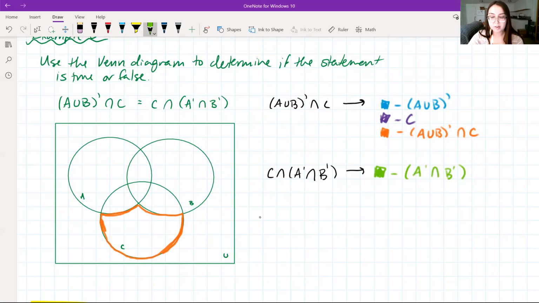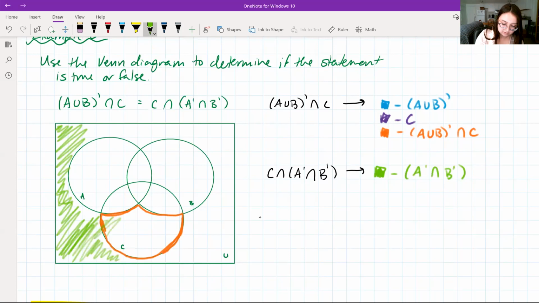So what we're looking for are the areas not in A and not in B. So when we color in this value, we know that our universal set is obviously not going to be in A or B, or A and B. C is also going to be not in A, not in B.